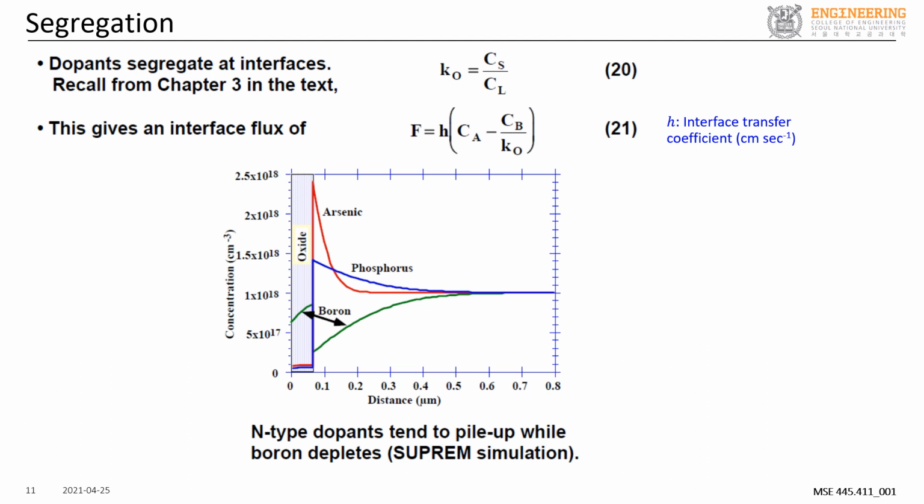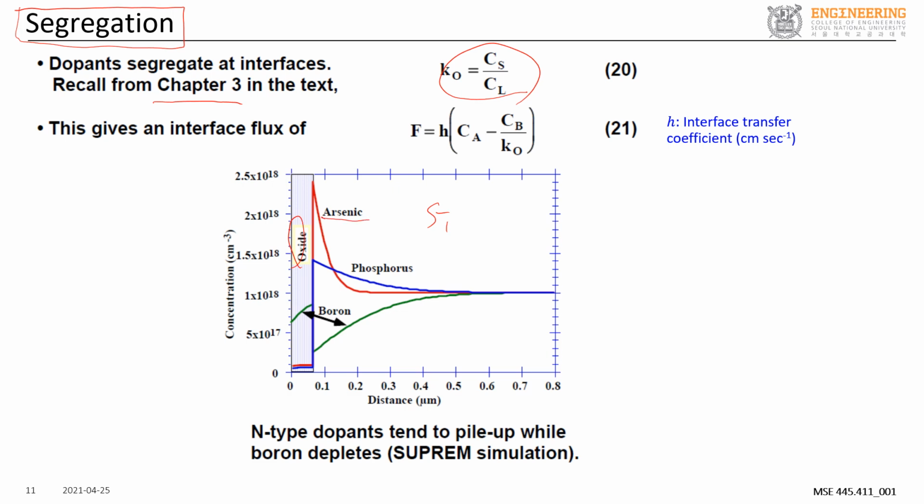Another thing we want to consider is the segregation. We already talked about segregation in chapter 3, so you might remember this equation we used. Here the segregation is at the interface between oxide and silicon.